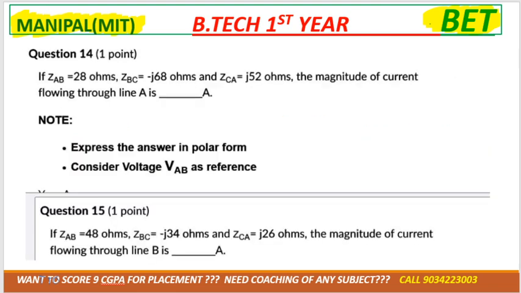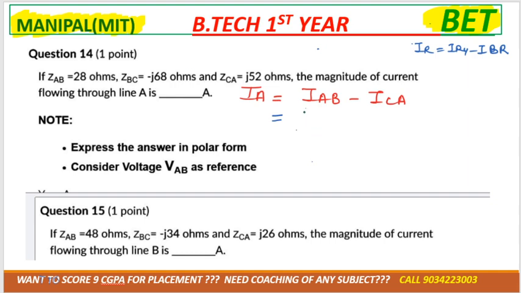Okay, so now in this case they ask you to calculate IA. IA is how much? IAB minus ICA. Remember I told you, if the sequence is RYB, then IR is equal to IRY minus IBR. These formulas are given in your handbook also, but in the form of RYB. Tumhe ABC ki form mein nikalna hai. So how can you get IAB?